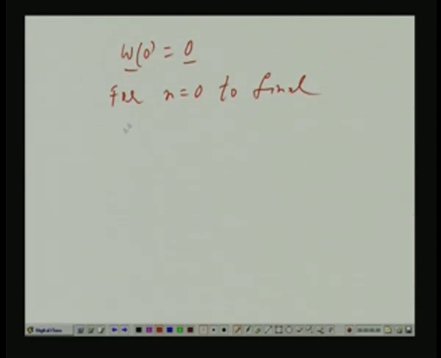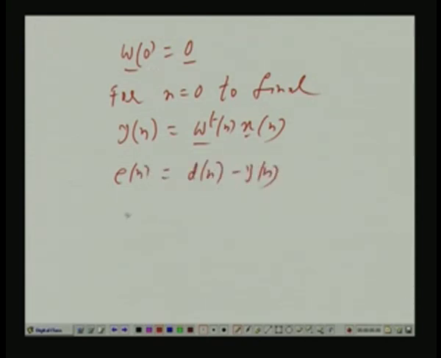What happens? You find out first the filter output y n as w transpose n x n, then E n as desired response minus y n, and then you go for the next set of weight coefficients, filter coefficients.